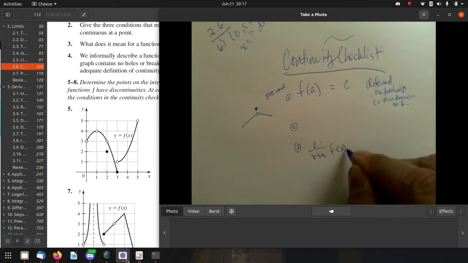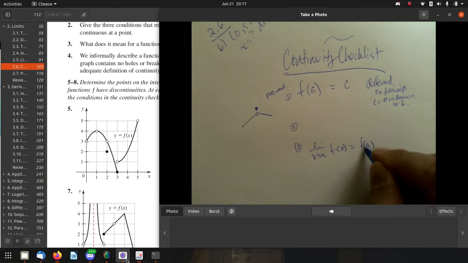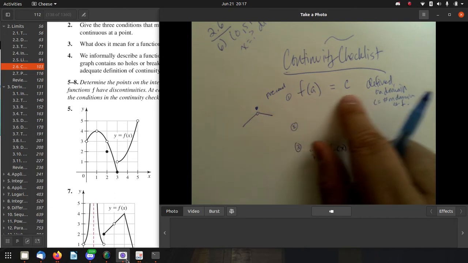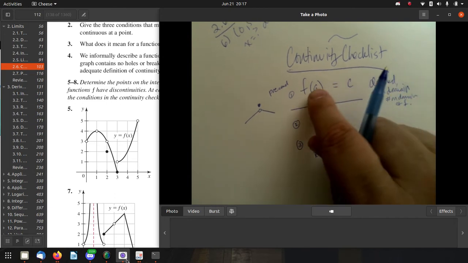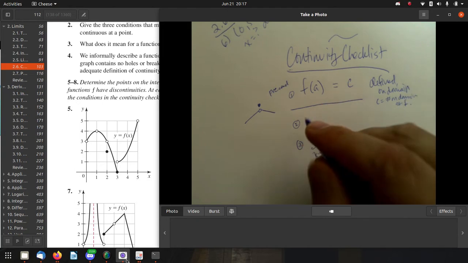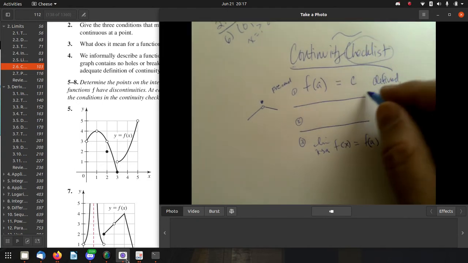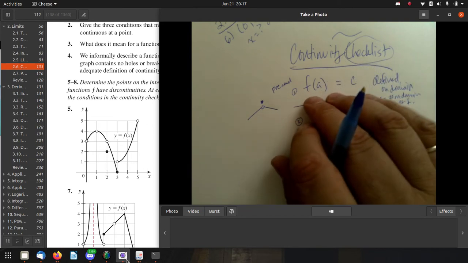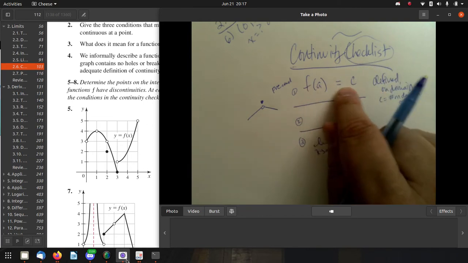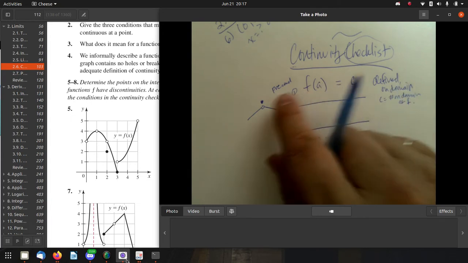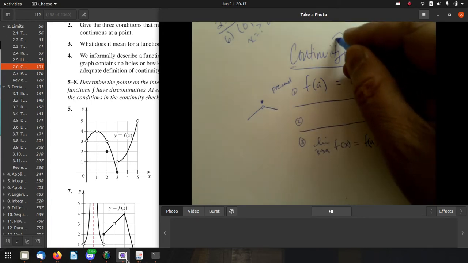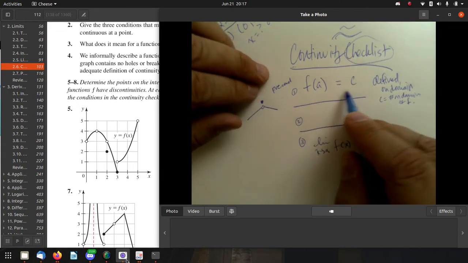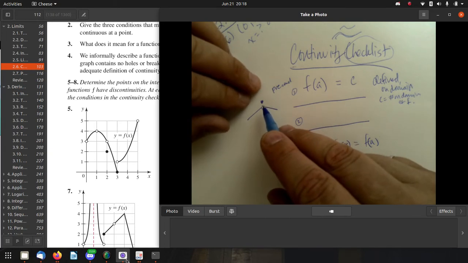In the example I just gave, the limit isn't the same as the point that's defined. So I want to make sure you don't think that having this is enough. This is a checklist. You need to have all three, and here's why. It's often the case that when f of a equals a point, we get a curve like this, but it's not impossible otherwise, so merely having this would not be enough.